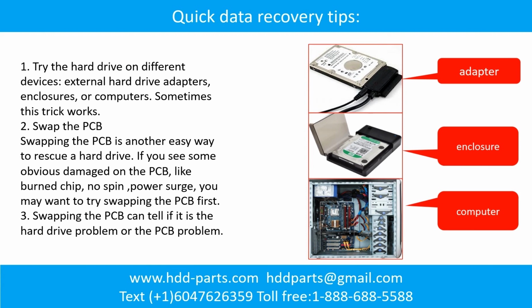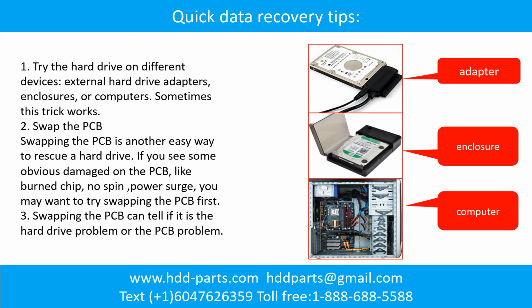There are some simple ways to recover data from a hard drive. One of them is try to read the hard drive by different devices, like different external hard drive adapters, computers, or enclosures. Because different devices use different ways to read a hard drive, sometimes this trick works.